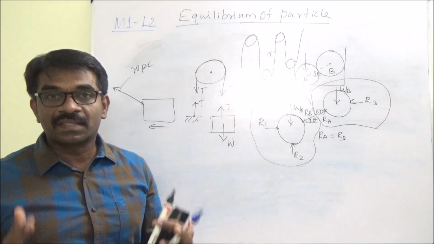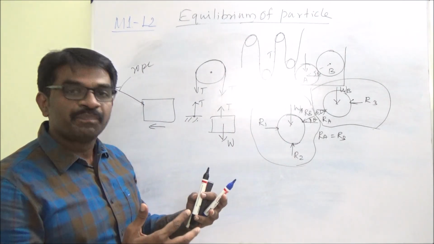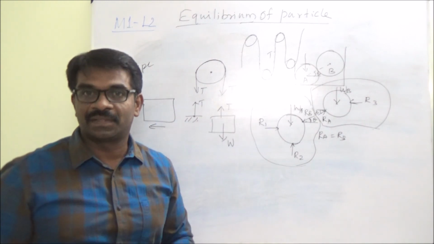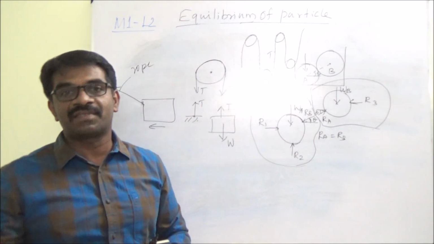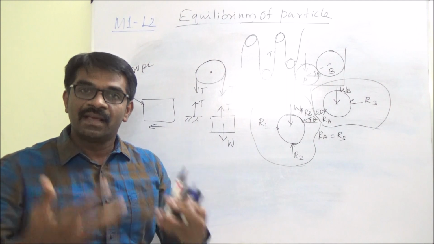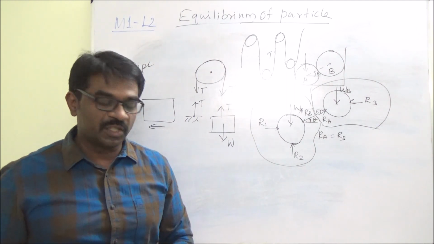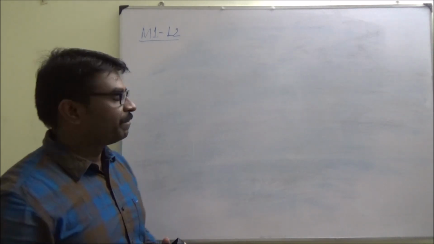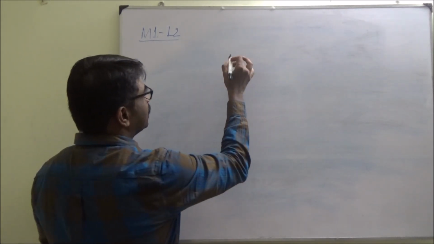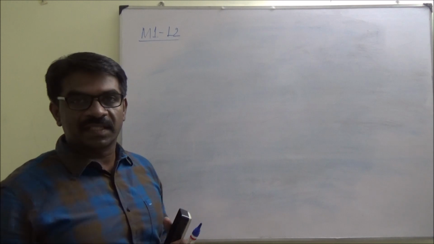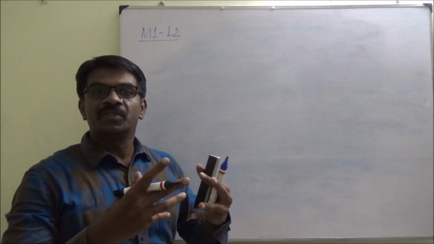And when we discuss the rigid bodies, we will use some more reaction force. So supports and reactions we will be learning subsequently, or when we discuss the rigid bodies. What is equilibrium? Okay, so the summation of all the forces equal to 0.